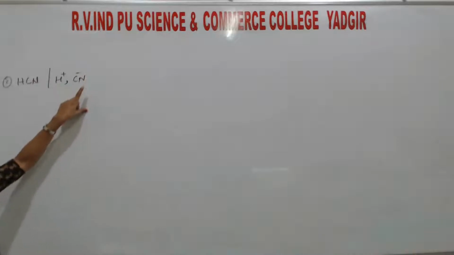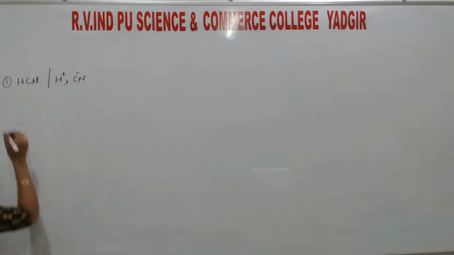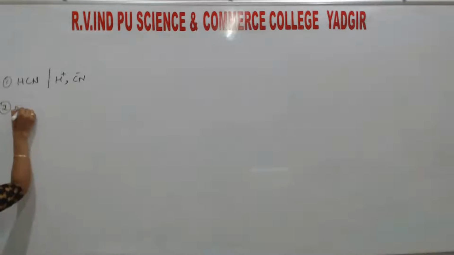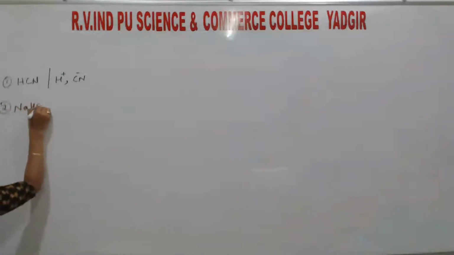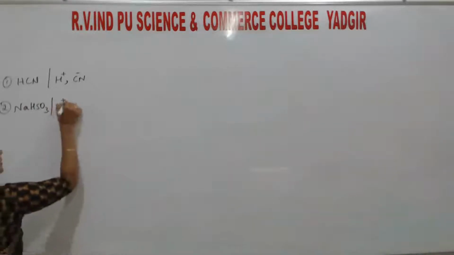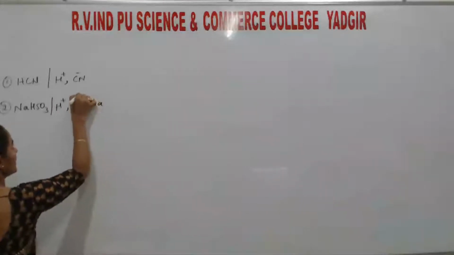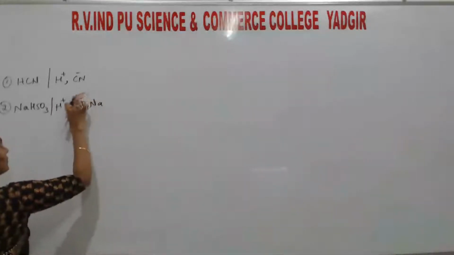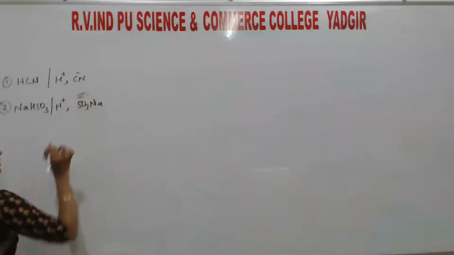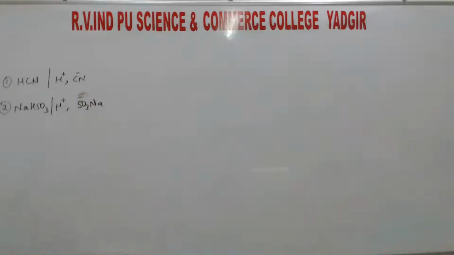Another one, NaHSO3. In that, H plus is there, SO3Na minus is there. This is the nucleophile.